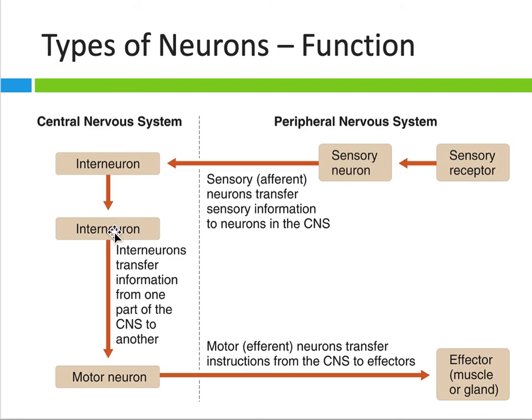The interneurons are going to transfer information from one part of the central nervous system to another until it reaches a motor neuron, which leaves the central nervous system and transfers instructions about some sort of action or decision to an effector, which is either a muscle or a gland. And again, that muscle can be voluntary, so skeletal muscle, or involuntary, smooth or cardiac muscle. So that is a quick overview of neurons and their functions.